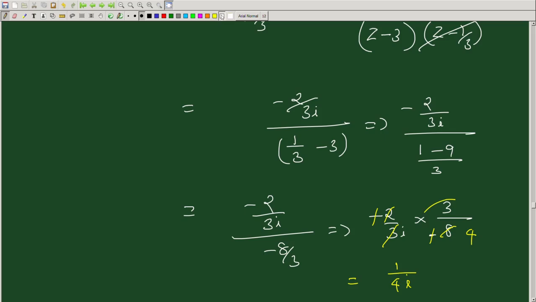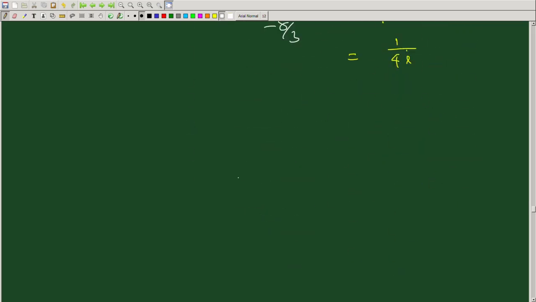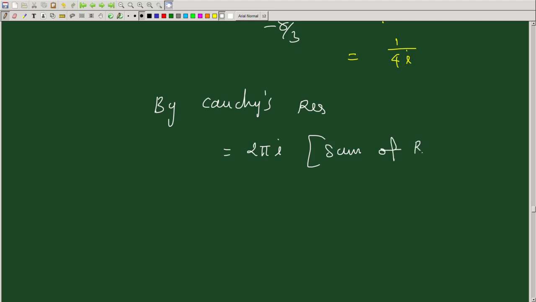After finding the residue, by Cauchy's residue theorem, what does the residue theorem say? 2 pi i into the sum of the residues. How to get residues? By the poles. So 2 pi i into residue at z equal to 3 plus residue at z equal to 1 by 3.